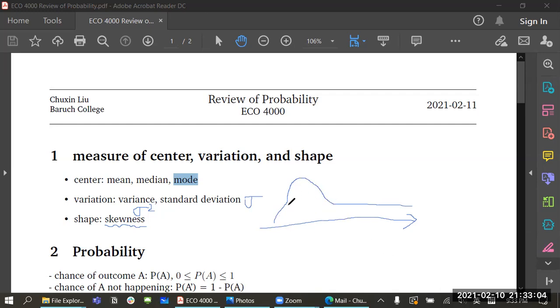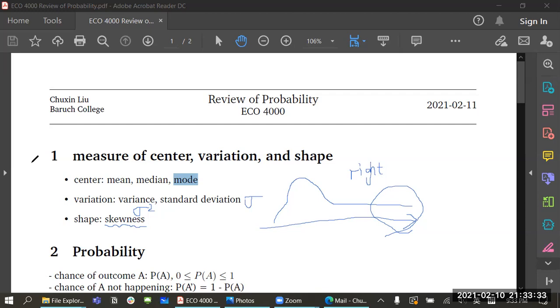A lot of people's incomes are in the middle to lower level, while there are a few rich people who can earn a lot more than the rest of us. So we say this is skewed to the right, because we have a right tail. If we see a distribution that has a long left tail, then it's called skewed to the left.